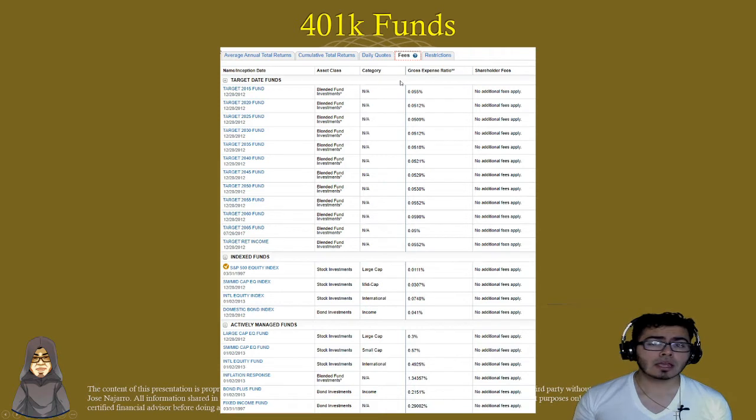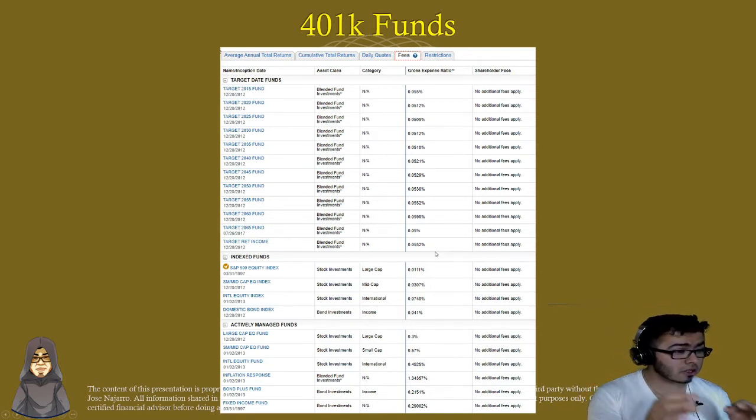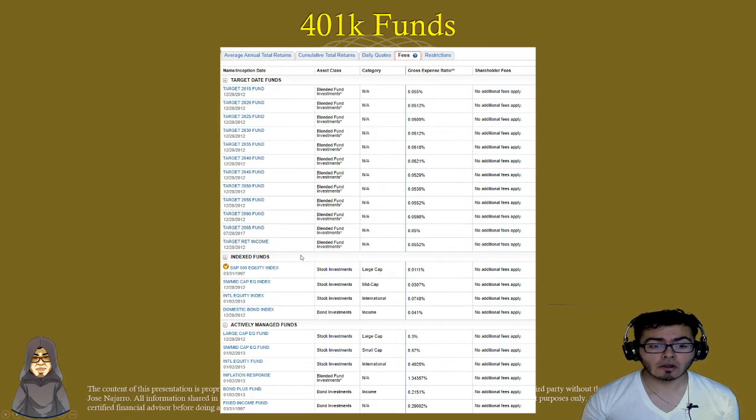If you're in your 401k, you can probably see a button that says fees. I clicked on my fees, and it gives me the expense ratio for all of these. First, the lowest expense ratio here would be the S&P 500 at 0.01%. Then we have the target date funds. For my 2050 fund, it's 0.05%.